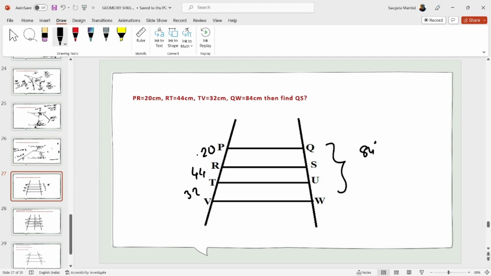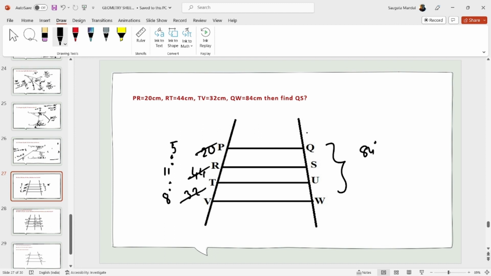The ratio of PR, RT, TV, divided by 4, is 5 is to 11 is to 8.